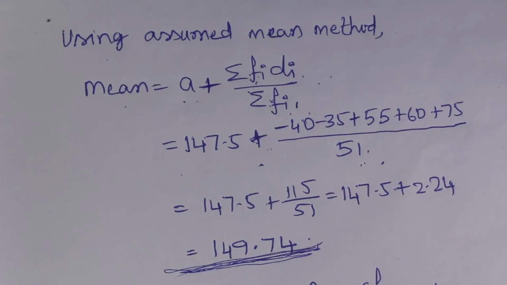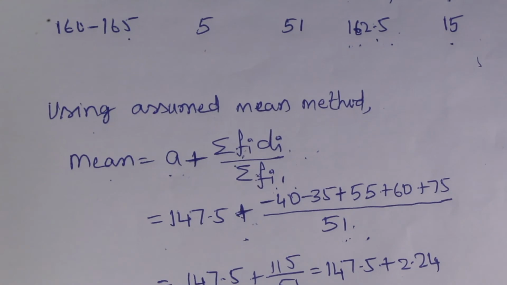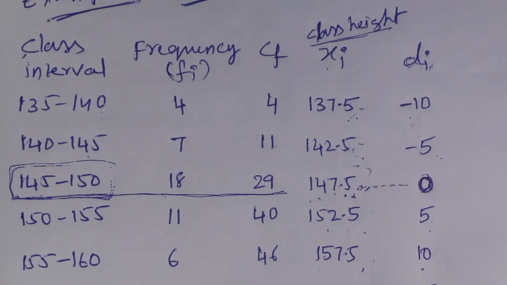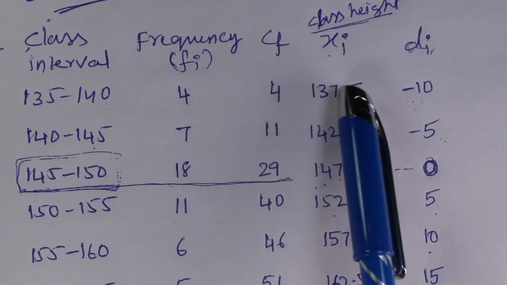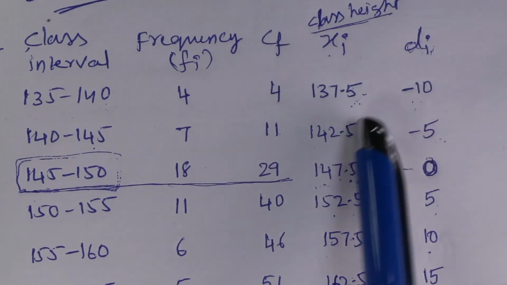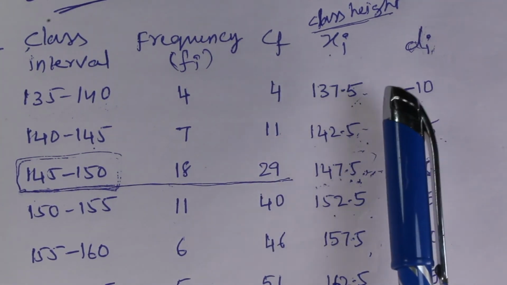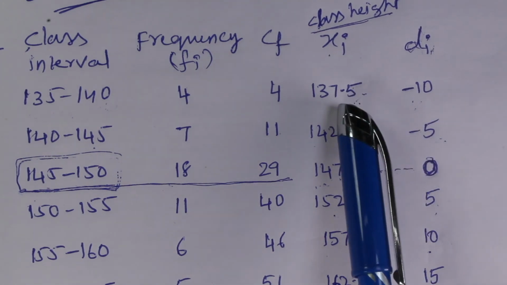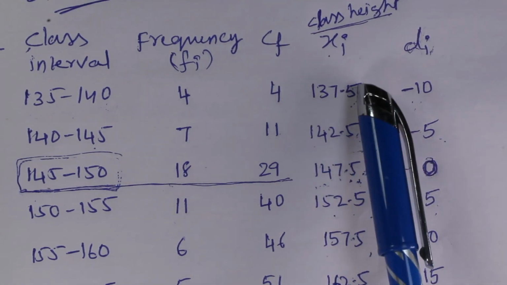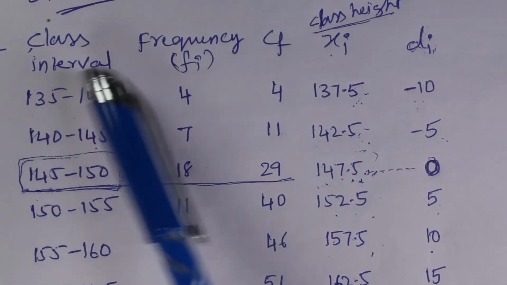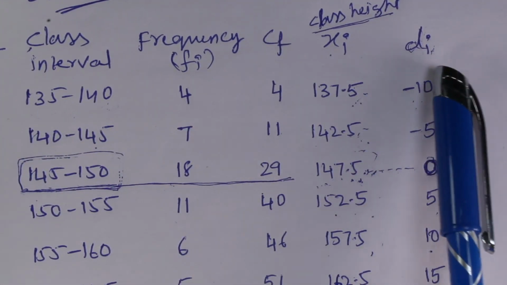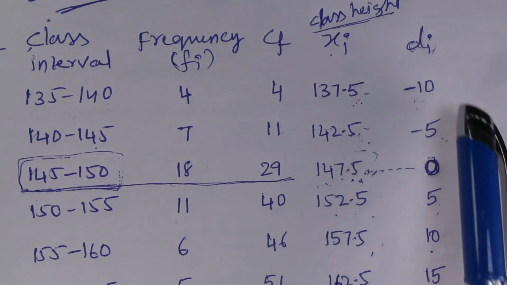Hope this is clear for you. In order to calculate the mean, we are adding two additional columns, xi and di. Here xi is the average height of each class interval, and di is the distance from the assumed mean.